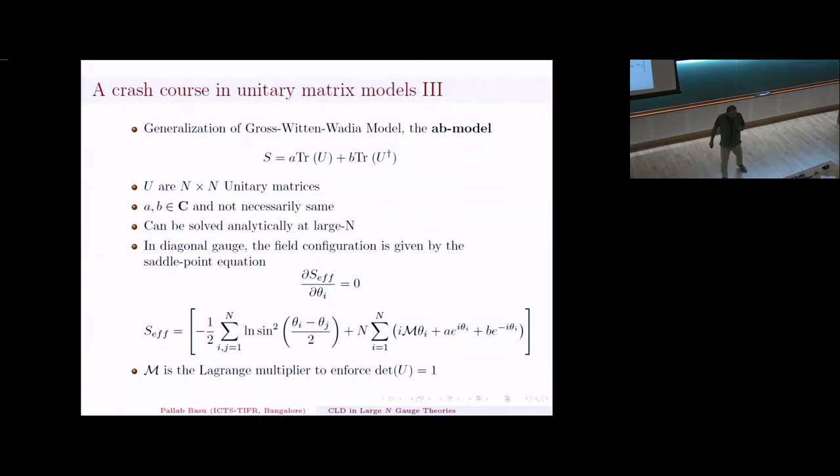Another important part is that as you are looking at an SU(N) model, it is important that you put a Lagrange multiplier constraint, which gives rise to the constraint that sum of theta i is equal to 0. That means the determinant of U is equal to 1.